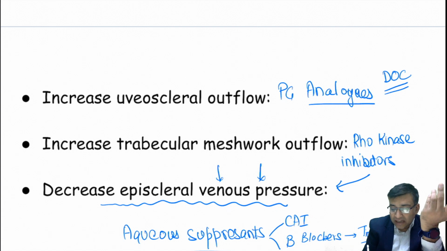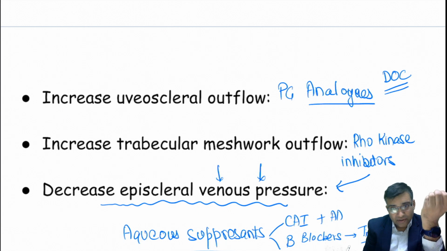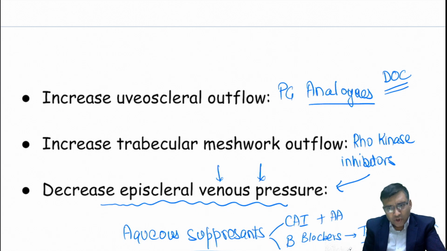Also remember the alpha agonists like brimonidine; they are also under the category of aqueous suppressants. So these are some very short, important mechanisms of action of the various anti-glaucoma drugs. You can refer to our complete lectures on the pharmacotherapy of the medical management of glaucoma, and if you have any doubts you can ask us.